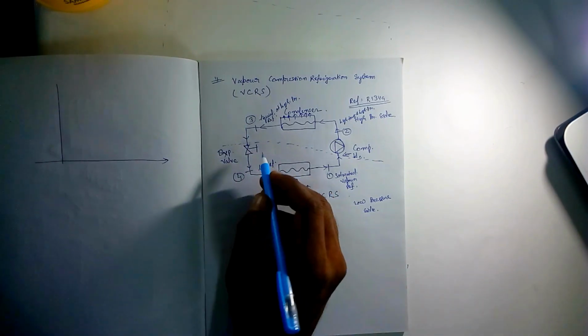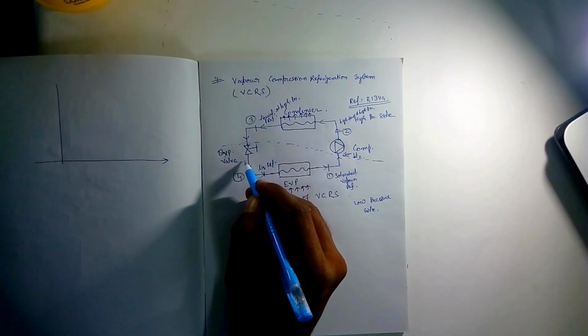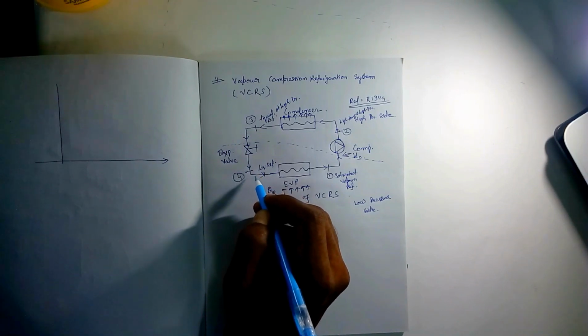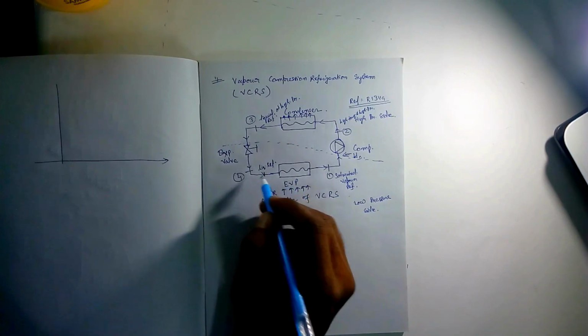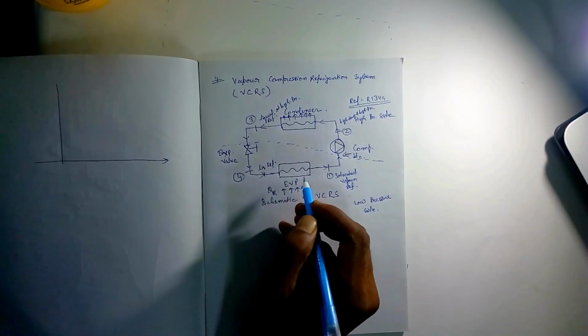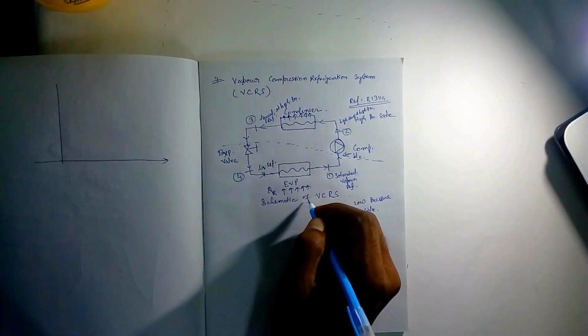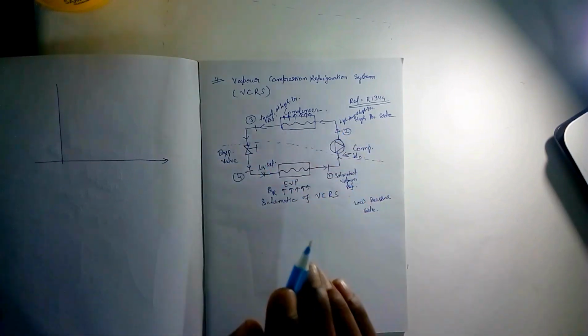After the expansion valve, the pressure is reduced, and at the evaporation pressure the liquid refrigerant again enters the evaporator, takes heat from the refrigerated space, and is sent back to the compressor. In this way the cycle is completed.